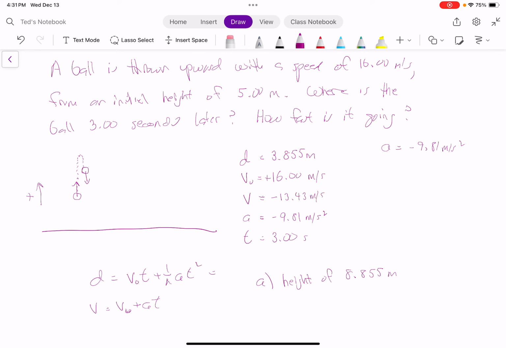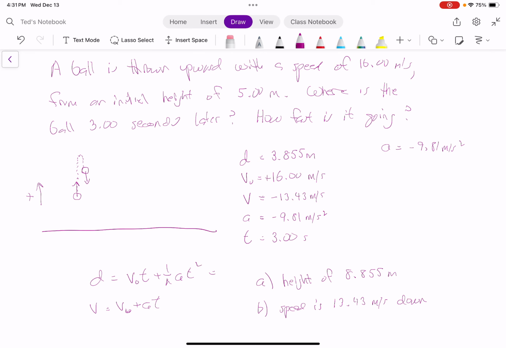Means it's going down. So this means the ball has gone up to its peak and then started to come back down. So the final velocity is negative 13.43 meters per second. So at the end, I will say that the speed is 13.43 meters per second down.